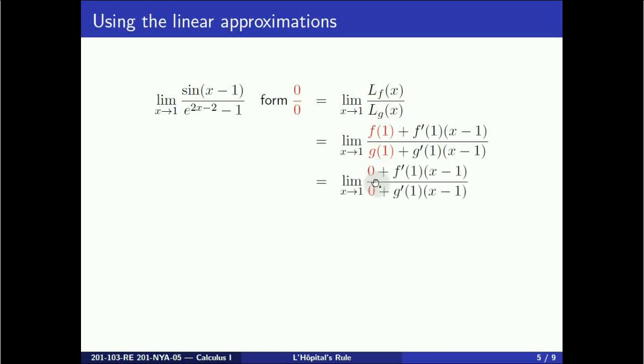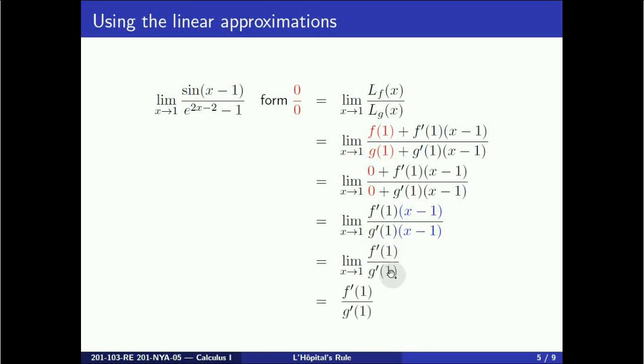This is what we have tried to emphasize in red. By removing these two terms, because they're both 0, we come to realize that x minus 1 is a common factor in the numerator and the denominator. And we can simplify it and get simply a limit of f prime of 1 over g prime of 1. And those are both constants. So the limit of a constant being just the constant itself, the limit is just f prime of 1 over g prime of 1.